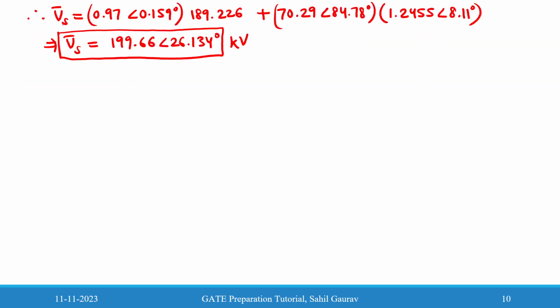So similarly we will find this IS value. IS is C VR plus D IR.